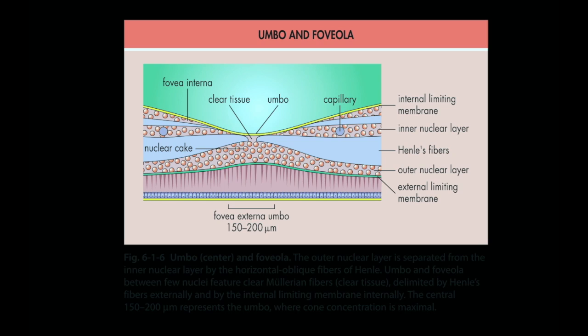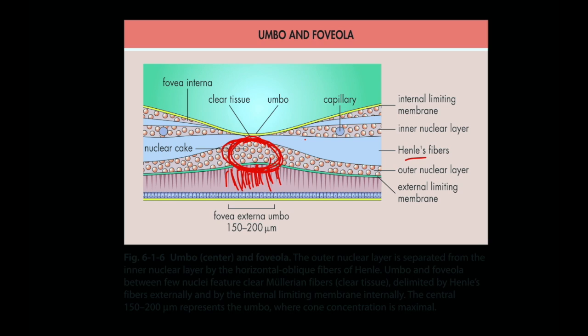Now, some important points to understand. I said cones are concentrated more at the center. So the cone nuclei get sandwiched between the body of the cone and the Henle's fibers.